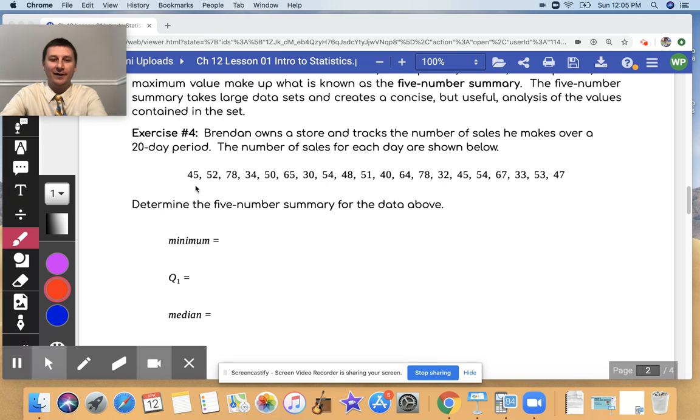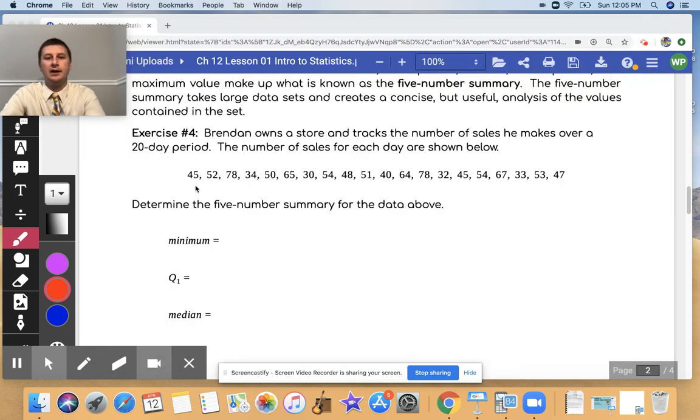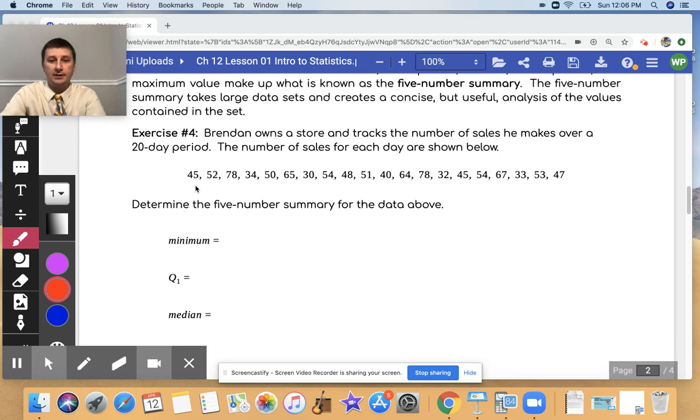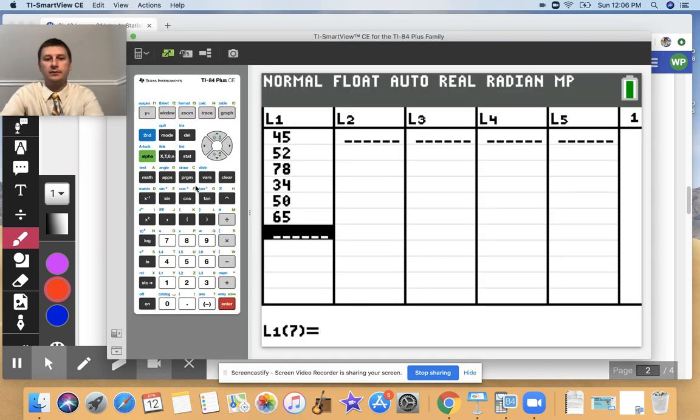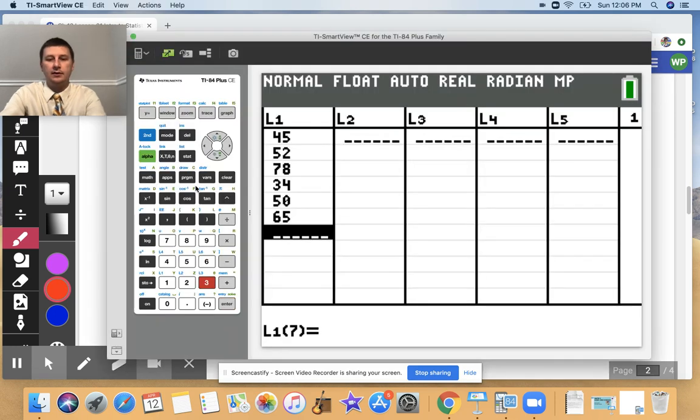So we're going to enter 45, 52, and 78. Then 34, 50, and 65. Then we have 30, 54, and 48.